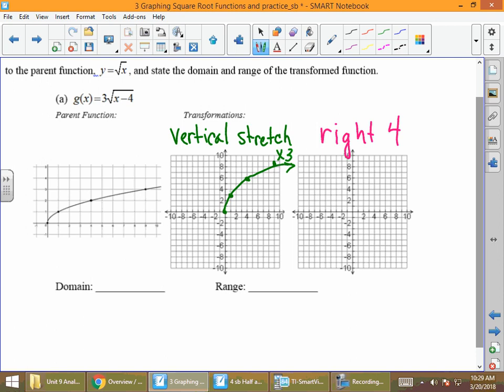So we're going to take this green graph and we're going to move it right forward. So 0, 0 is going to move to 4, 0. 1, 3 is going to move to 5, 3. 4, 6 is going to move to 8, 6.